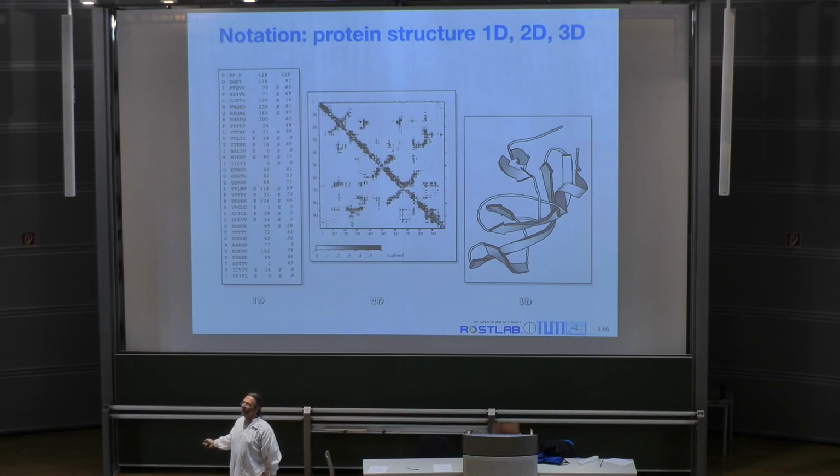The protein has a length from 1 to 99. So you can concatenate that into one long string. But the object really is 99 long, and not 99 times 99. You can write it as a string, but the reality of a protein is a 99 reality.